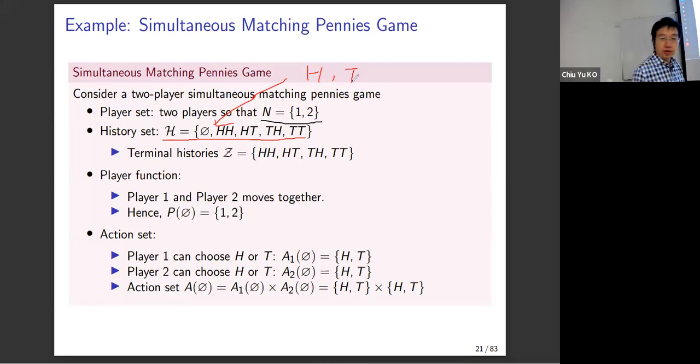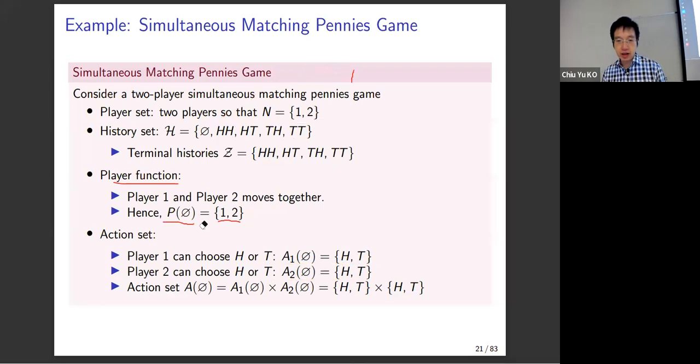History is much simpler. And the player function is, from the beginning, the 2 players move together. And the action set, or strategy set: player 1 and 2 move from the null history, and no one moves from the terminal. These are terminal, so we only have to specify non-terminal histories, just what has been done. Very simple, right?